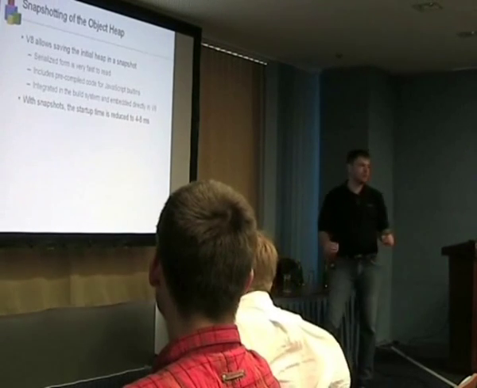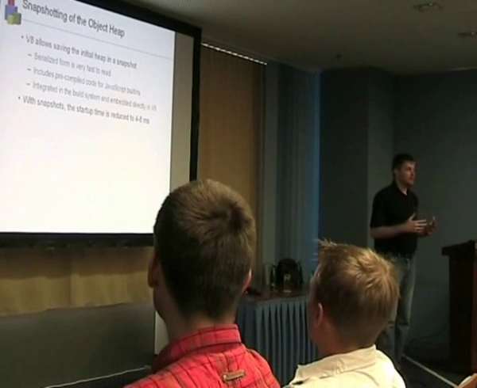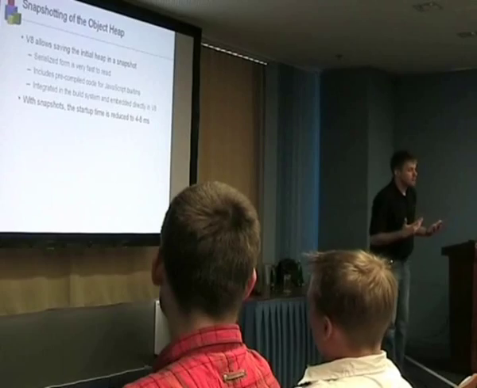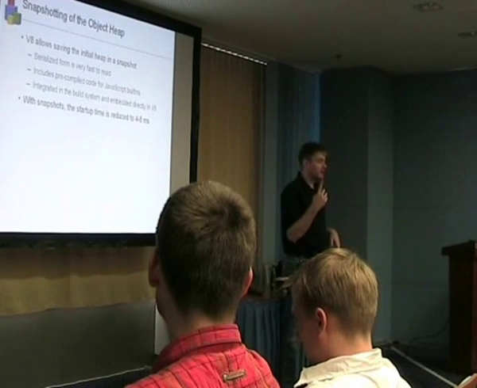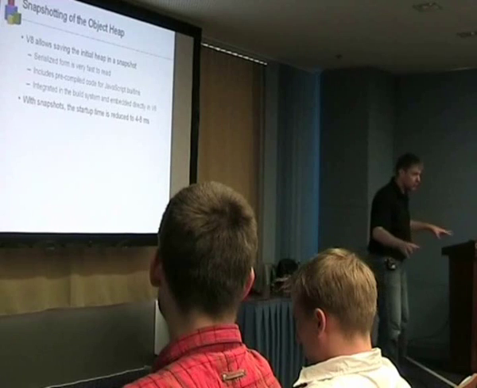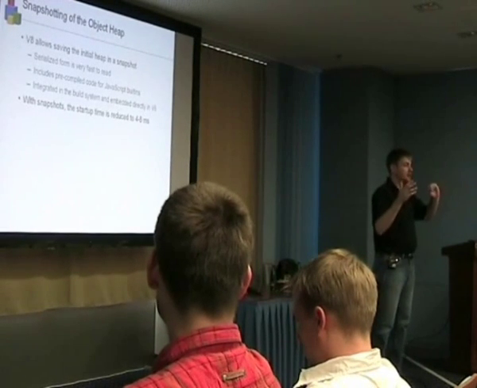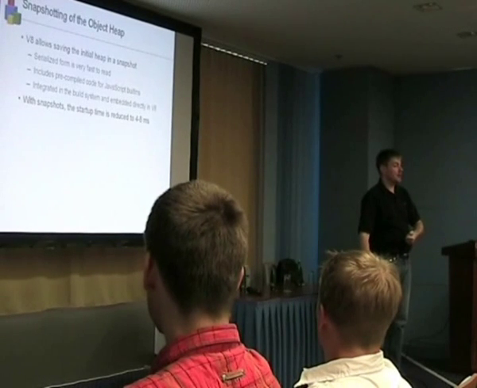V8 allows you to save a binary snapshot of the initial heap. So what we do is we have one version of V8 that loads the JavaScript files, compiles them to native code, puts it in the heap, and then it dumps the heap in a binary format.